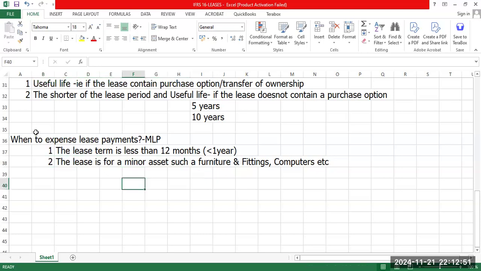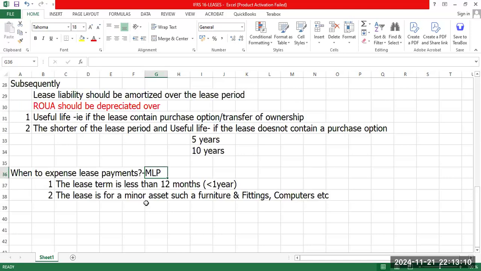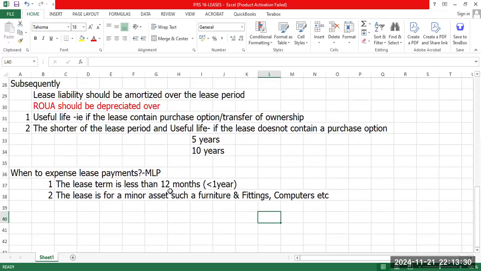And in such a scenario, you are the first lessee, you just need to expense the payments you'll be making to the lessor. You don't need to create a liability and an asset. Look at the computer. By the time this period is done, you cannot hire out that computer to another person.